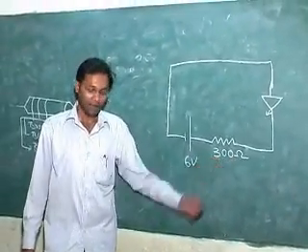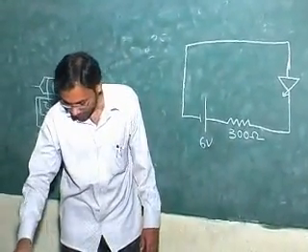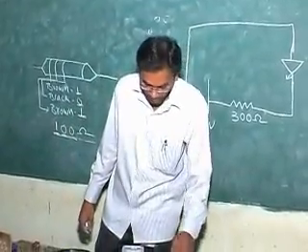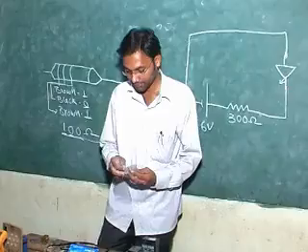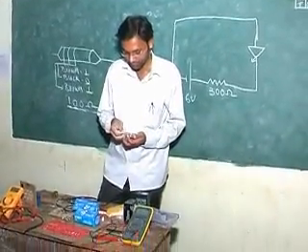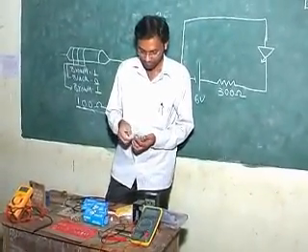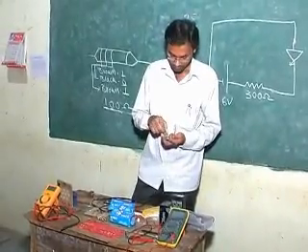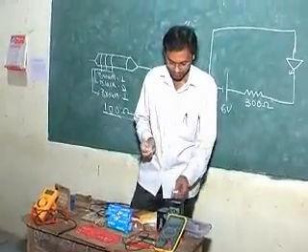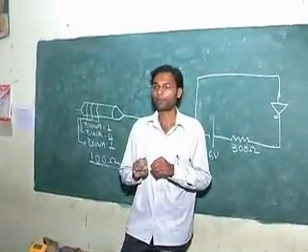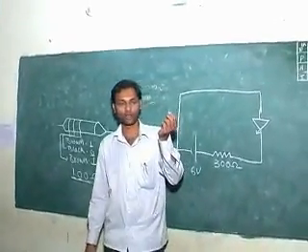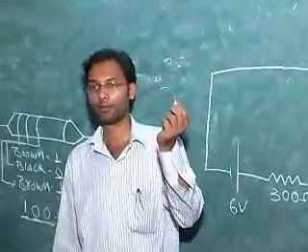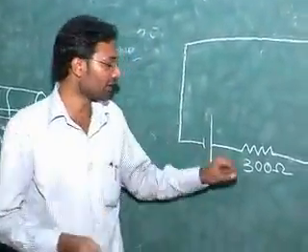Then I have only 100 ohms of resistor. If you connect this 100 ohm resistor here, then what happens?